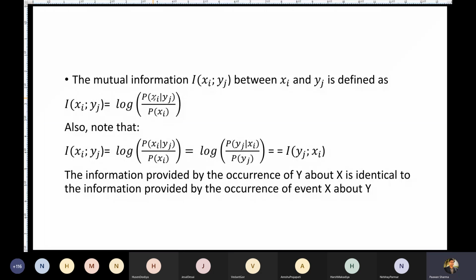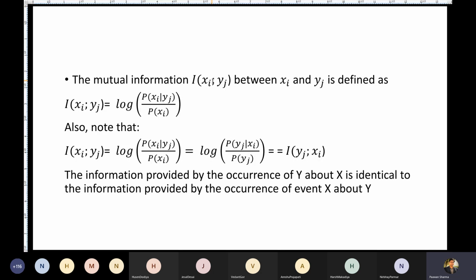What is the probability of occurrence of Xi given Yj? And also we are considering what is the actual probability of P of Xi occurrence. We take the log, that will give the information which we call mutual information. Mutual information in the phenomenon where we are finding Xi value given Yj is given by this formula.